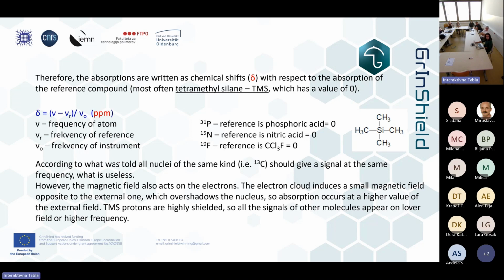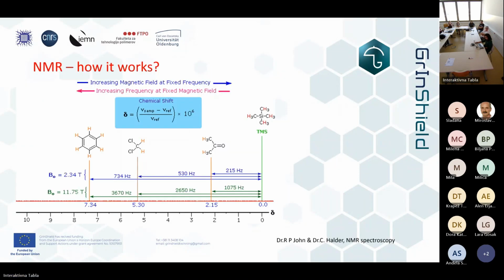And for example, this tetramethylsilane's signals are very shifted, and so you can always find it on the right side of the spectrum. So this is how it is if we use different magnetic fields, for example, 11.75 Tesla and 2.34, we obtain signals at the same ppm.